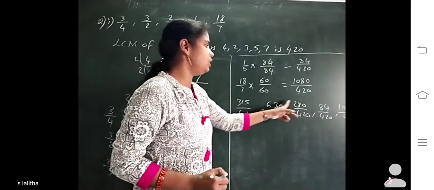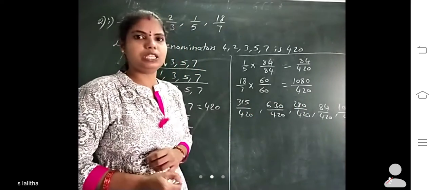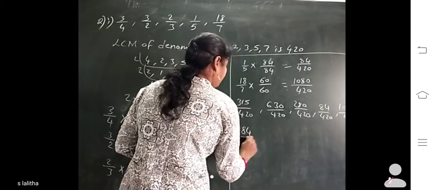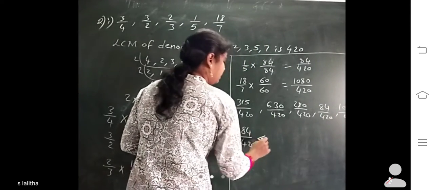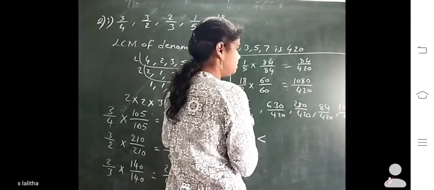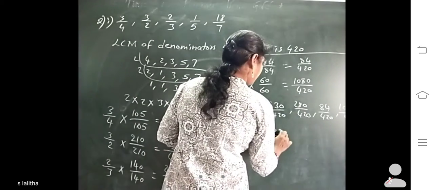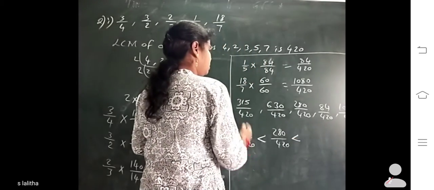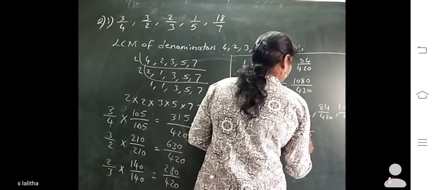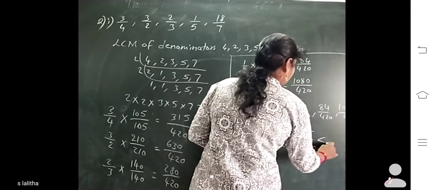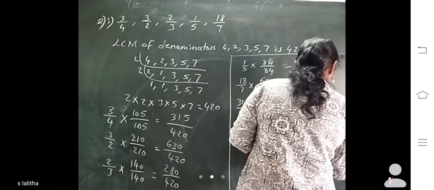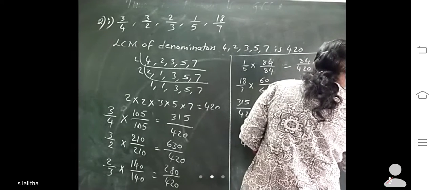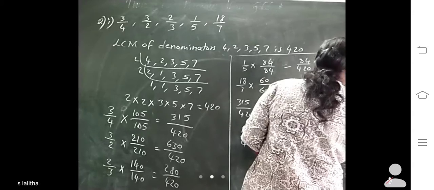Now find the numerators. Which one is smallest here? 84. 84 by 420 is less than the next smallest number, 280 by 420, less than 315 by 420, less than 630 by 420, less than 1080 by 420.